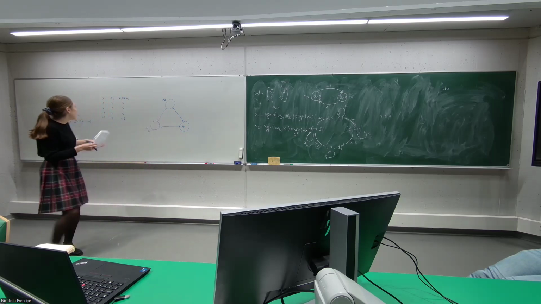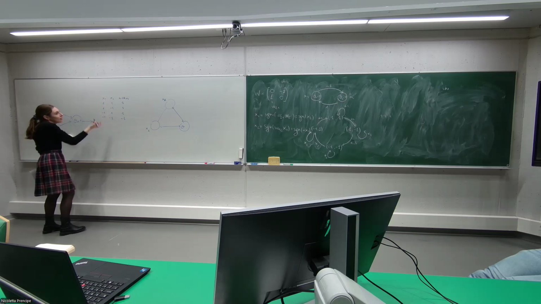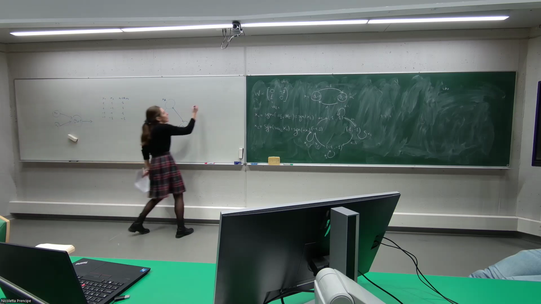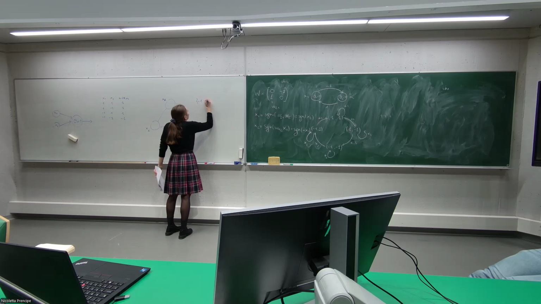So I want a network with 3 neurons, which means it's a network that runs in {-1, 1} to the power of 3.